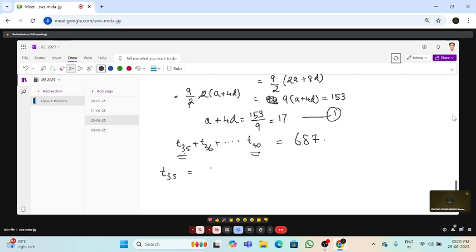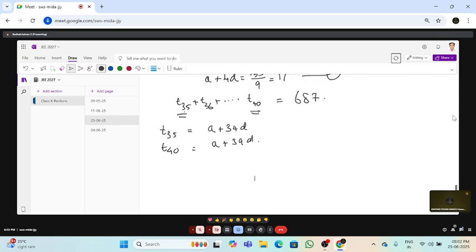T35 equal to A plus 34D. And T40 equal to A plus 39D. Now the sum of this is equal to S40 minus S34.